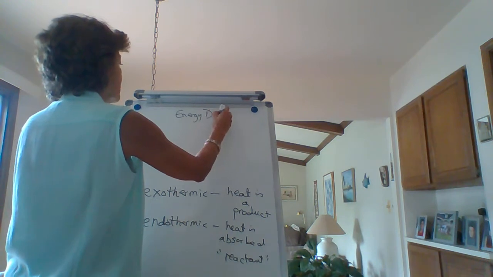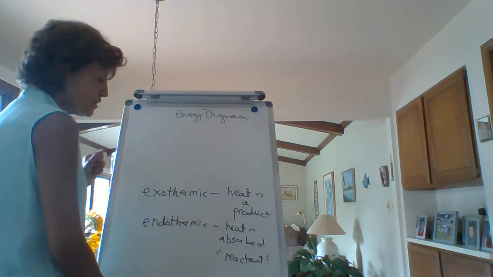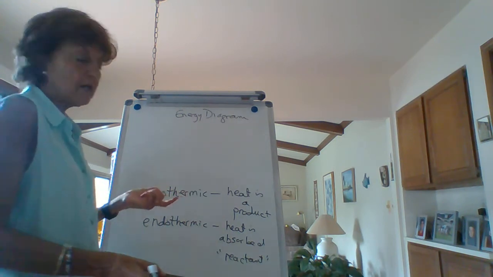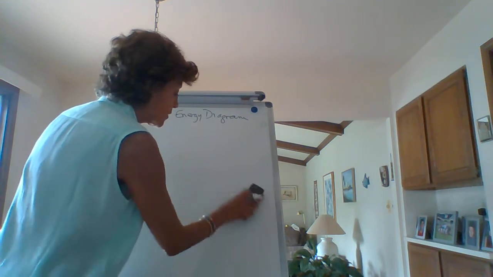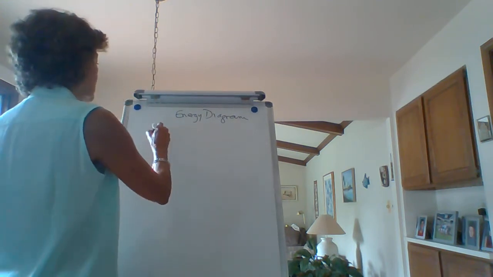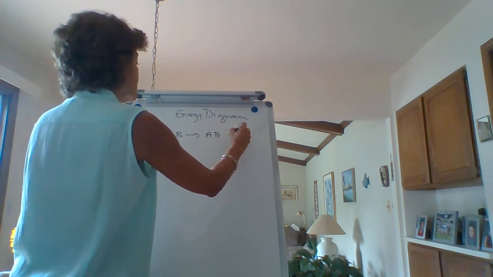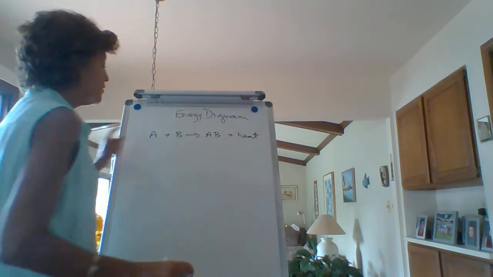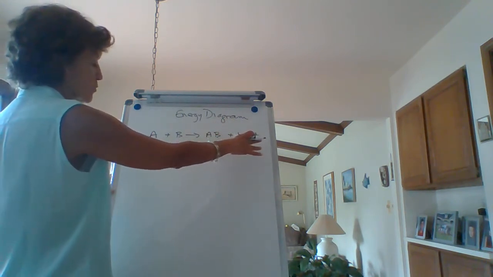Energy diagram. And there's a different diagram for an exothermic reaction than an endothermic reaction. Because in an exothermic reaction, let's say you've got A plus B will give you AB plus heat. So this would be an example of an exothermic reaction where heat is considered a product.